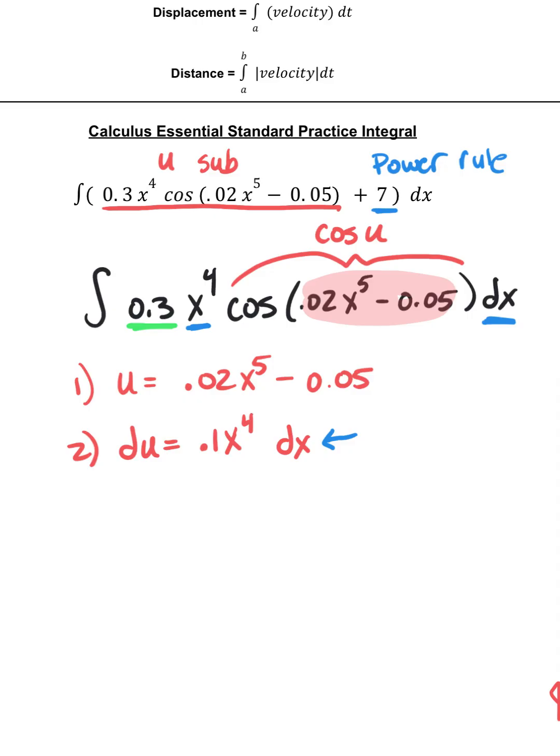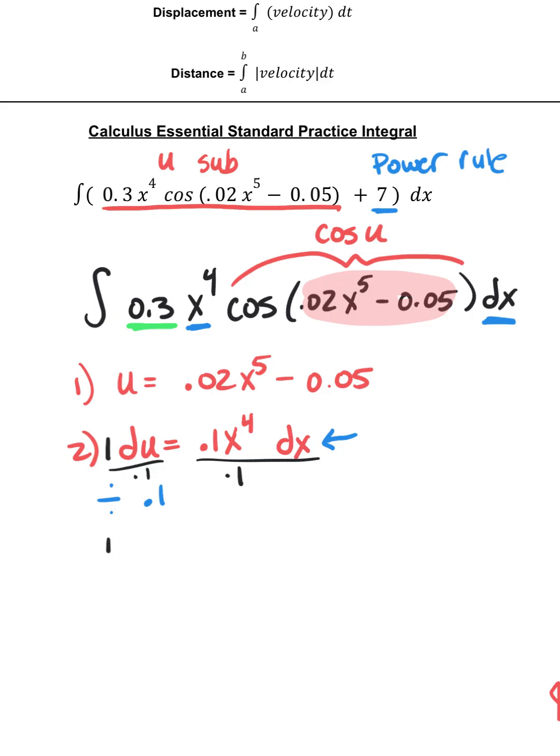So we just need to divide by 0.1. If we divide by 0.1, I'm going to divide this by 0.1, and I'm going to divide this by 0.1. If I break this down into steps, there is a 1 here, even though it's not written.